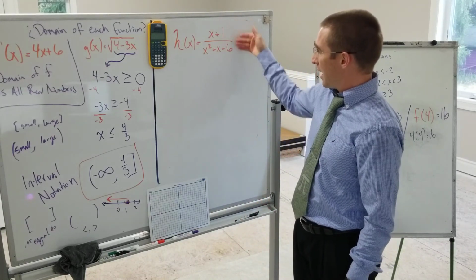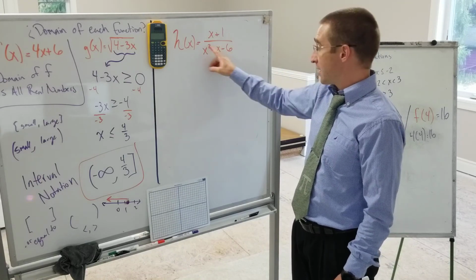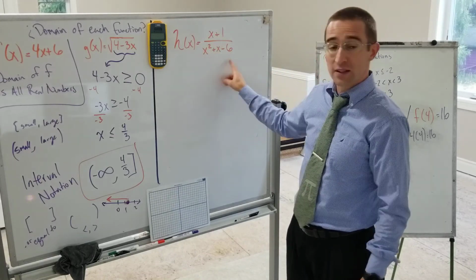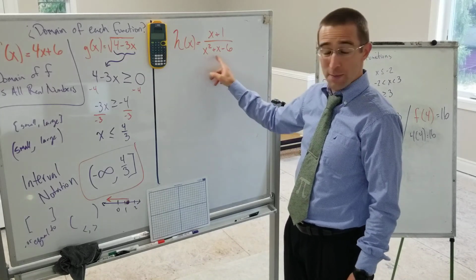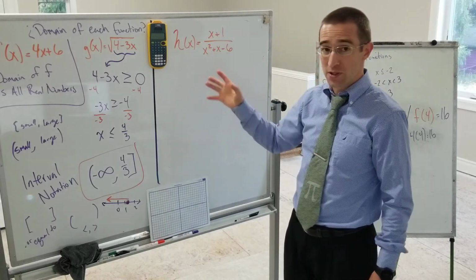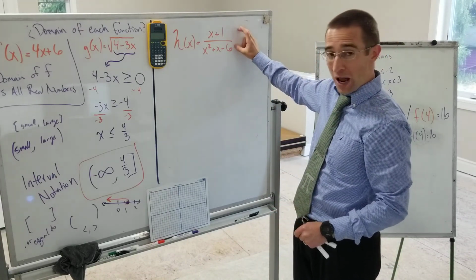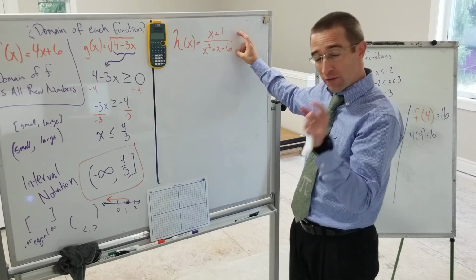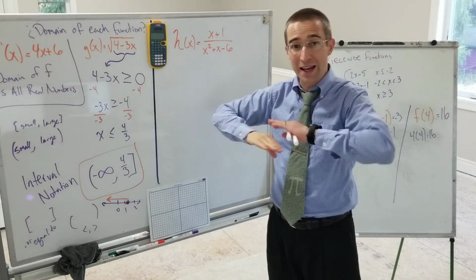So what we gotta do is say, hey, this rational function has x's or unknowns in the denominator, which means there could be numbers that make this denominator equal 0, and we don't want that. So anytime you have a fraction or a rational expression in a function with a variable in the denominator, you gotta make sure that denominator cannot equal 0.